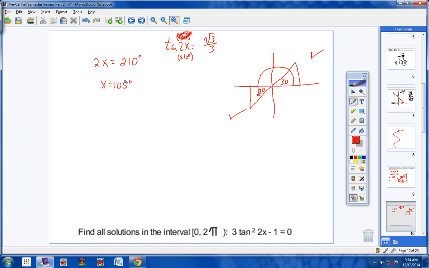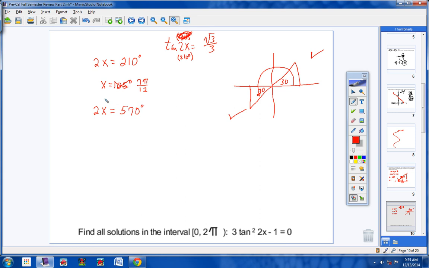But I want my answer to be in radians, so I'm going to convert that over to radians, and I'm going to get 7 pi over 12. So far I'm between 0 and 2 pi. I'm good. Now always add 360 to your angle right here, and so let's see, 210 plus 360 is going to be 570.